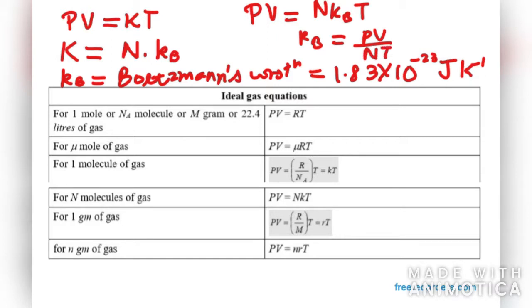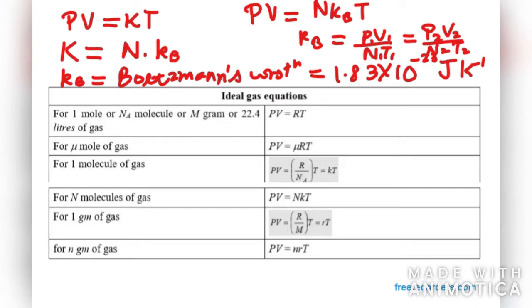That means if I take two different gases, having different pressure, different volume, different number of molecules, different temperature, and we can take another gas that has P2, V2, N2, T2, it will be a constant.